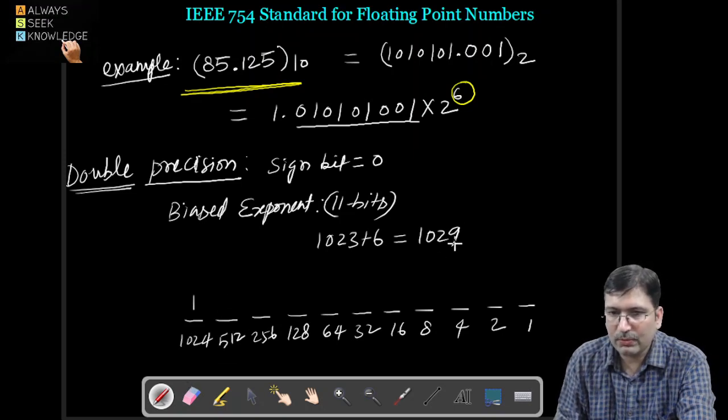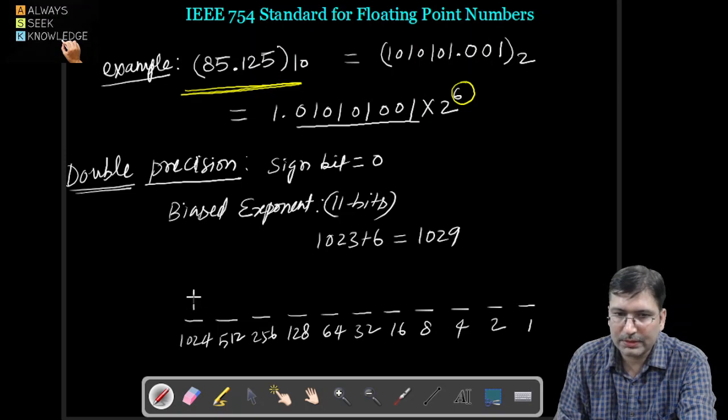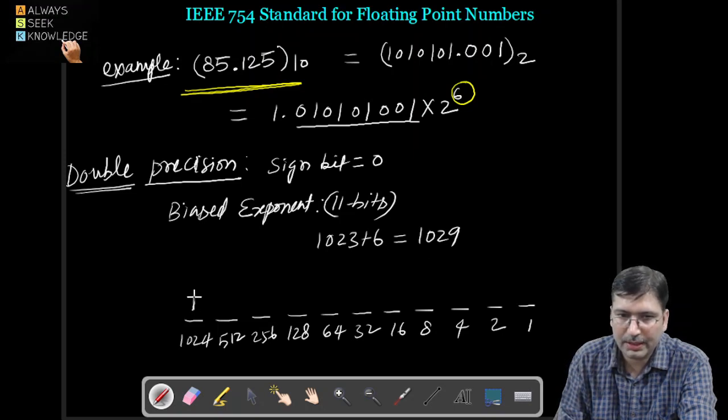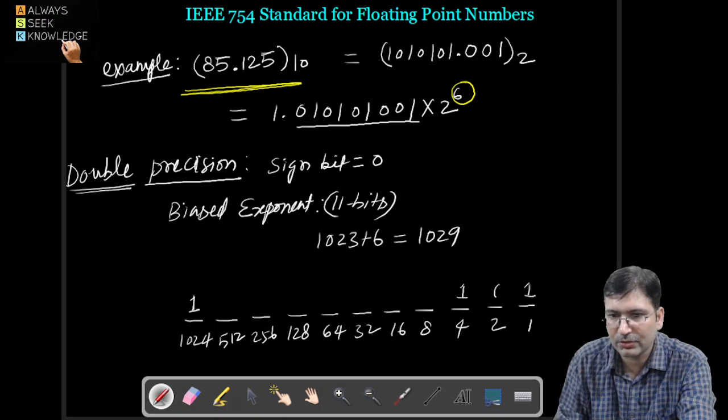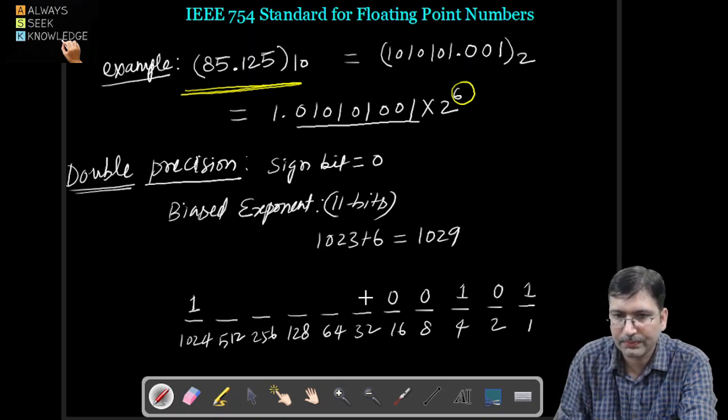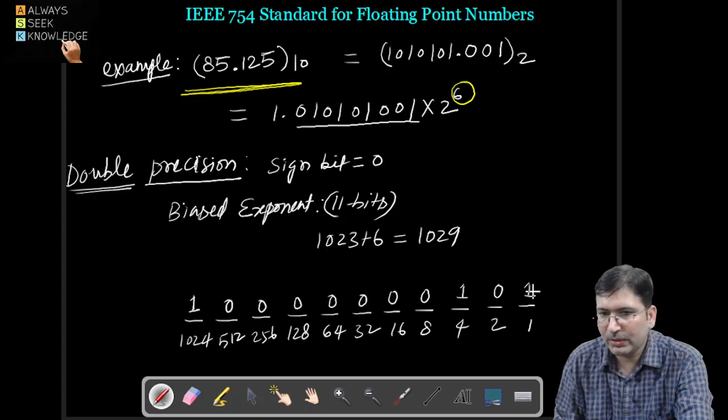So I want to represent 1029. When I set this bit high as 1, it gives me 1024. To 1024, 5 I need to add. So this and this will give me 5, and the rest of the places I can set as 0. So this will represent 1029.